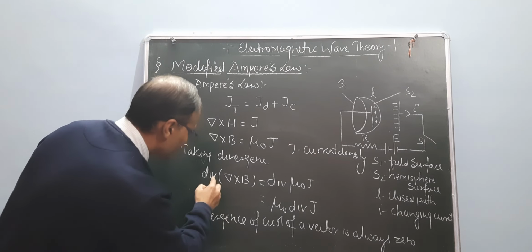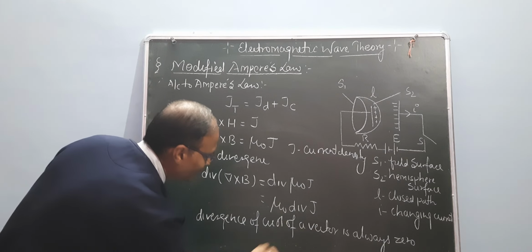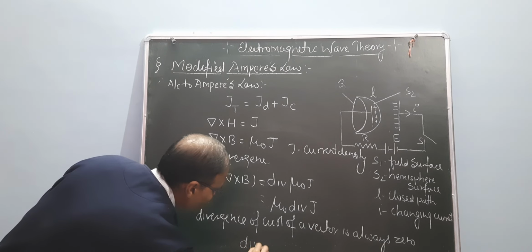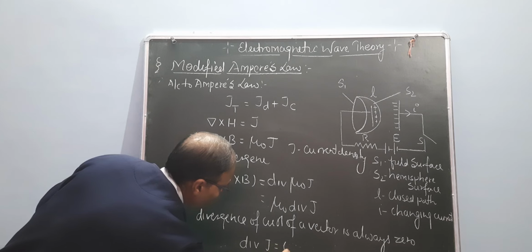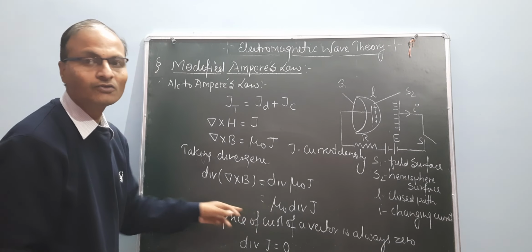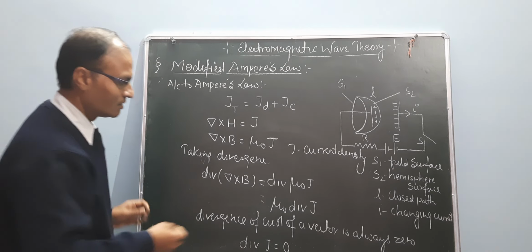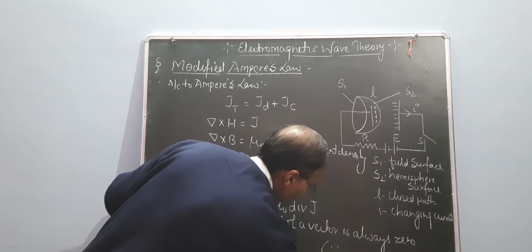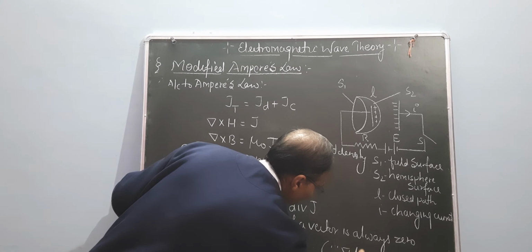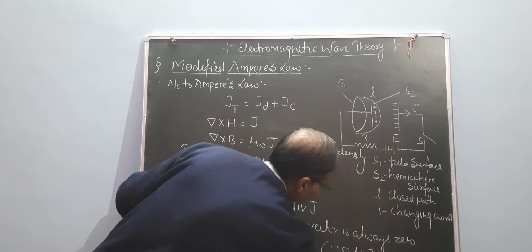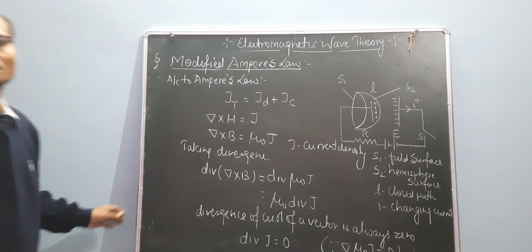So divergence J equals 0, such that del dot mu naught J equals 0.